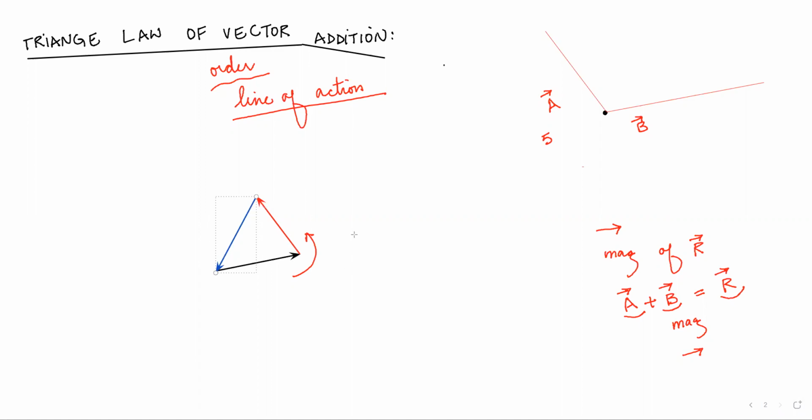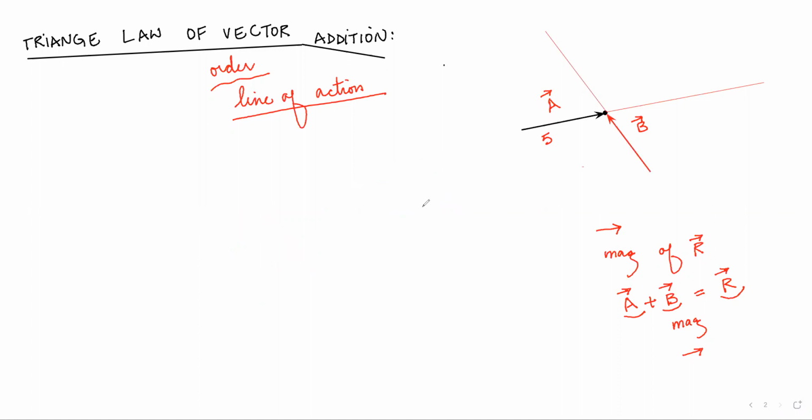All these are in the same order. No, this is not the triangle of vector addition. And also we know, students, if you are applying force on a body in this direction as given by this vector, and this vector giving force in this direction, it is never possible that the body will move in the downward direction as shown by this vector. Here the order is important.